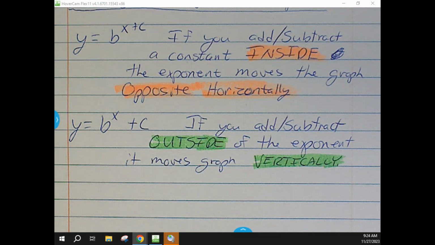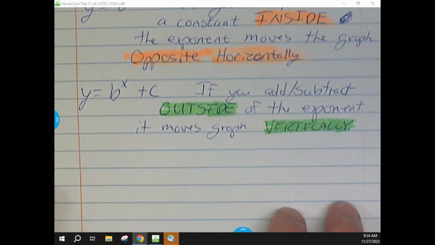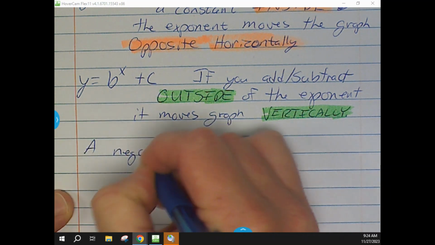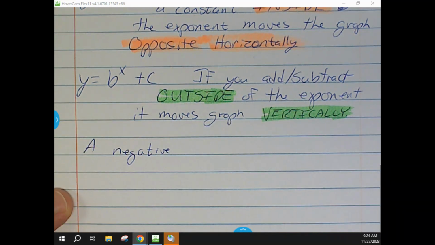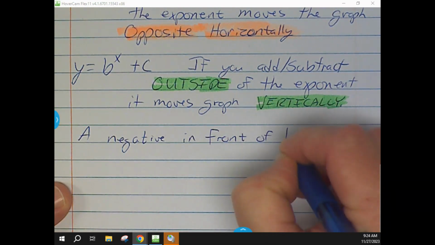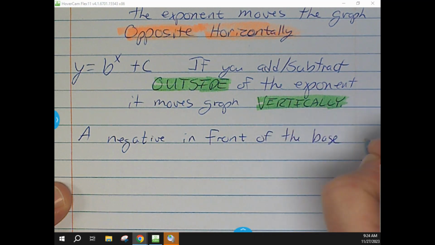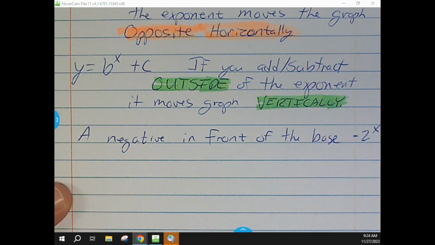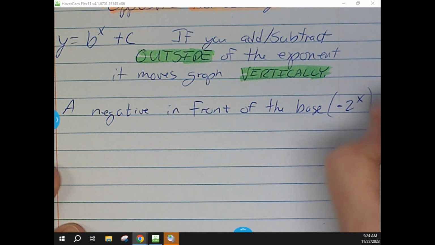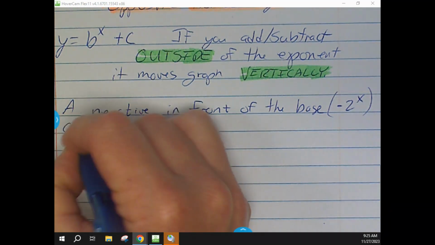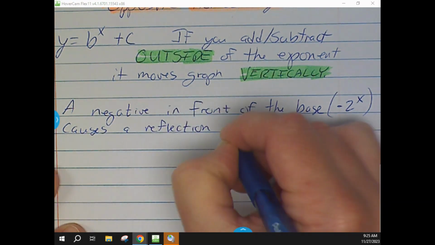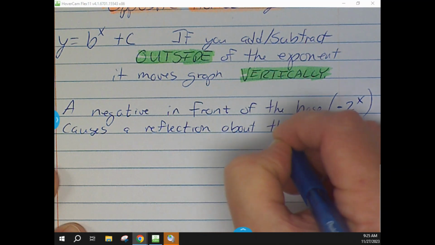Okay, now what about the negatives? Because you'll get some negative numbers in front that will throw some things off. So if you have a negative in front of the base, so if you have something like negative 2 to the x power, that causes a reflection about the x-axis.